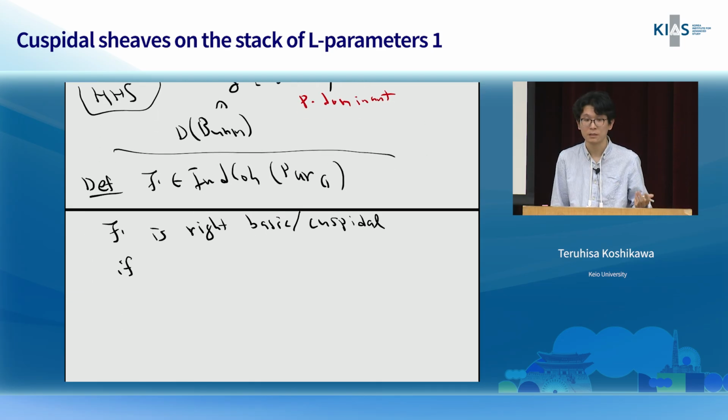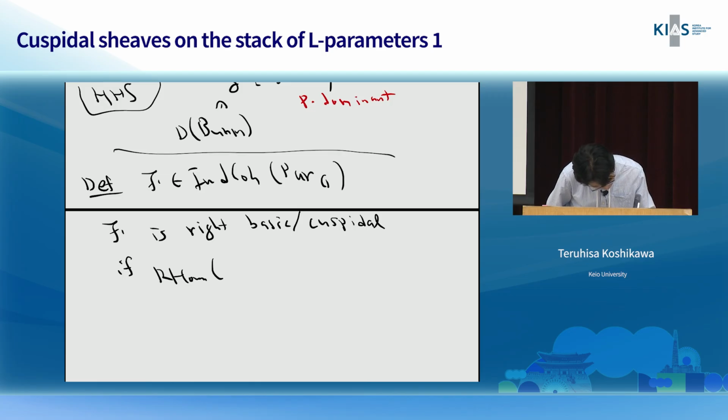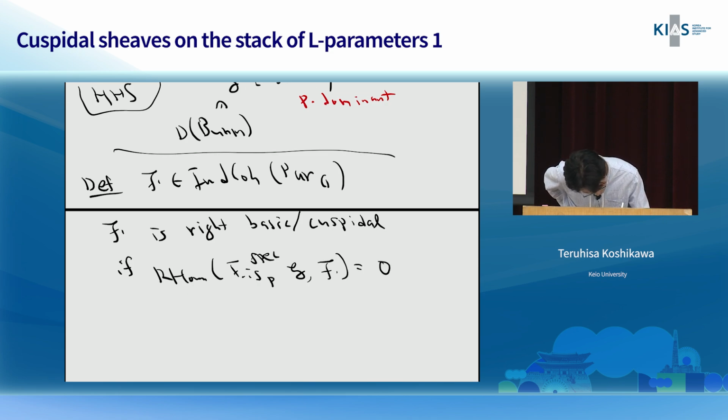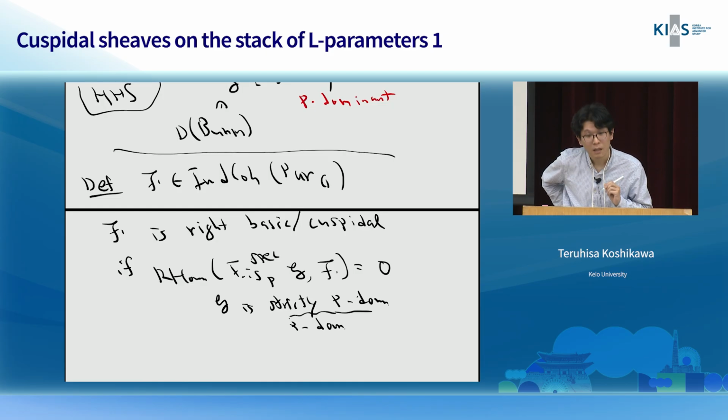a similar RHom vanishes, namely, there is the Eisenstein compatibility conjecture, so I just use the Eisenstein series. So RHom from Eisenstein spec of G, F, and P vanishes, where G is strictly P dominant, or arbitrary P dominant. Maybe later I'll drop spec, but let me emphasize it here.